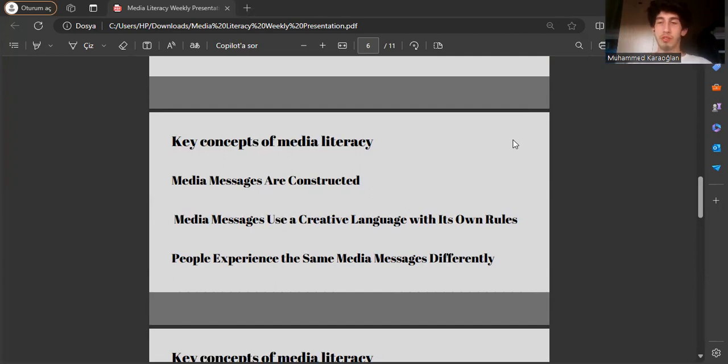There are five main key concepts of media literacy. The first one is that media messages are constructed. Media messages are created and they are not organic. They are not completely true.